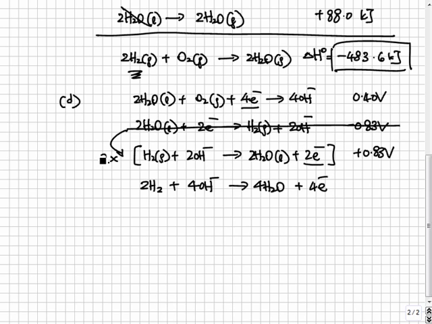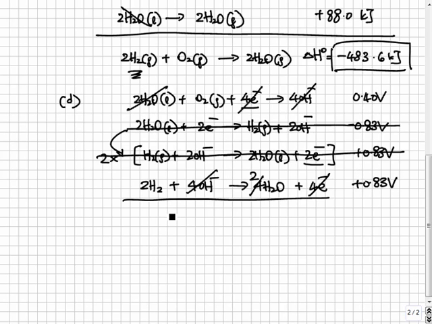And now the number of electrons are balanced, and we can add the 2 and cancel out everything that's common on both sides. And the overall reaction turns out to be 2H2 gas plus O2 gas going to 2H2O liquid, which is exactly the same reaction we got in the problem.